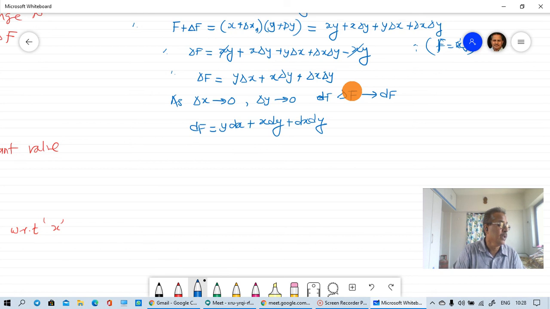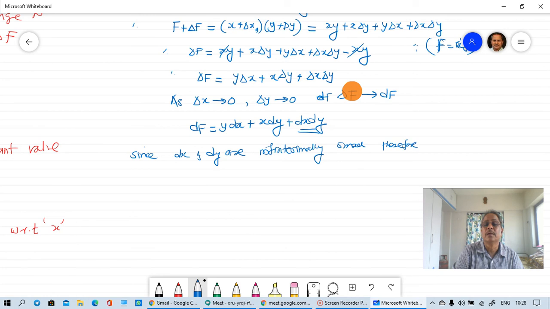The last term here, since dx and dy are infinitesimally small, if the terms themselves are very small, their product is again very, very small, so their product is negligible and can be discarded.